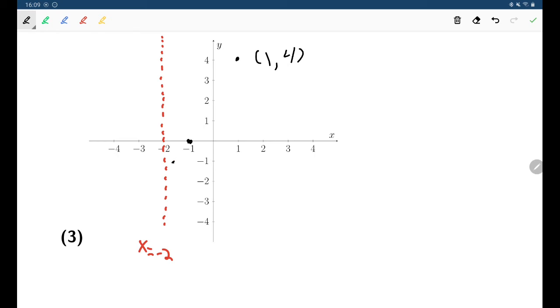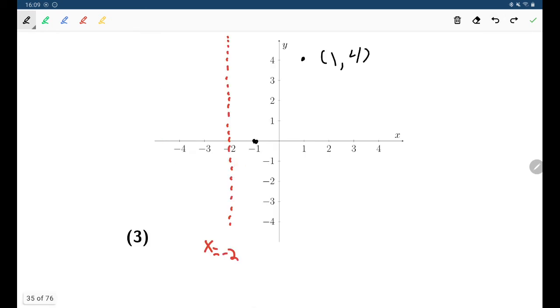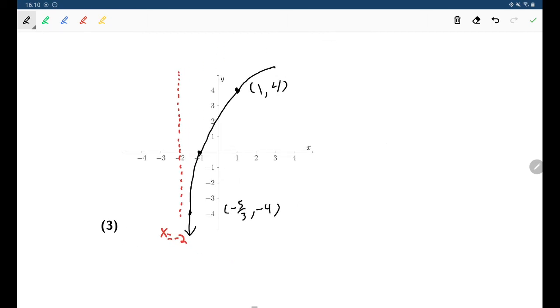We had the point negative 5/3, negative 1, and we're multiplying that y-coordinate by 4 to give us the point negative 5/3, negative 4. And there we go. We've got our nicely stretched graph. This is y is equal to 4 times log base 3 of x plus 2.